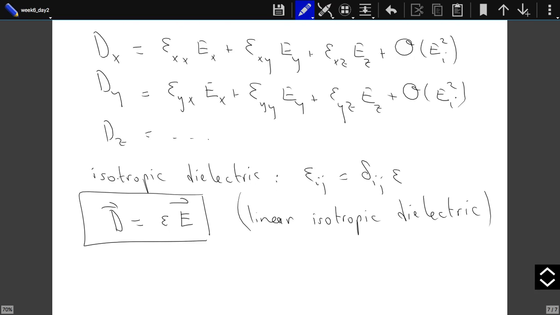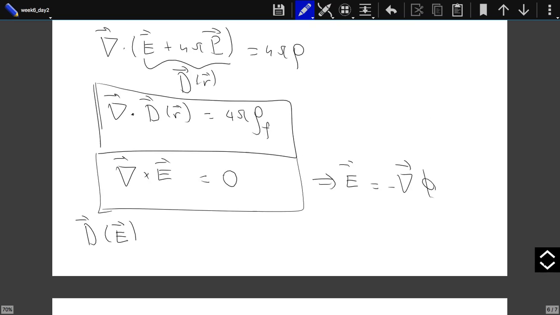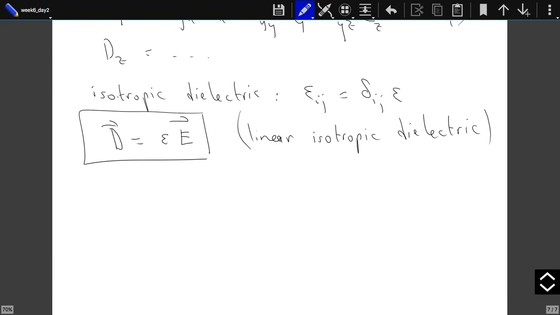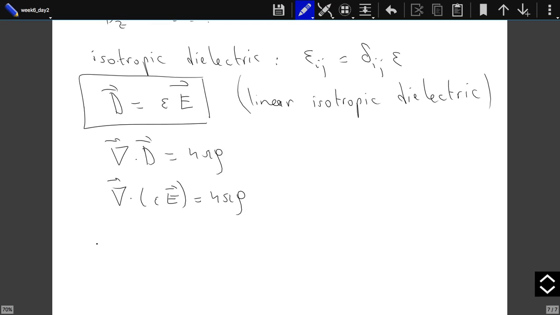But for these materials, kind of the equation is easy. So the curl of E is 0 anyway, and the divergence of D will be equal to 4 pi rho. And D is equal to epsilon times E, so the divergence of epsilon E is equal to 4 pi rho. Furthermore, you see, isotropic doesn't mean homogeneous.